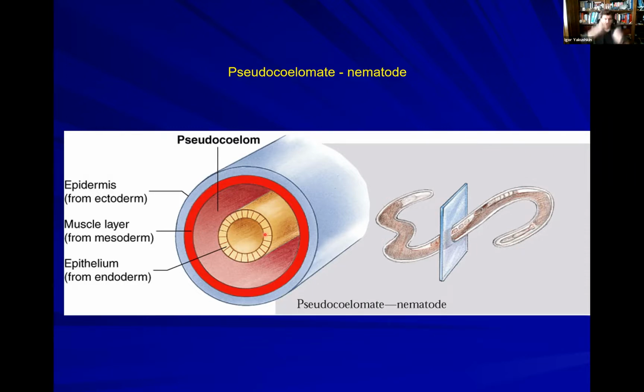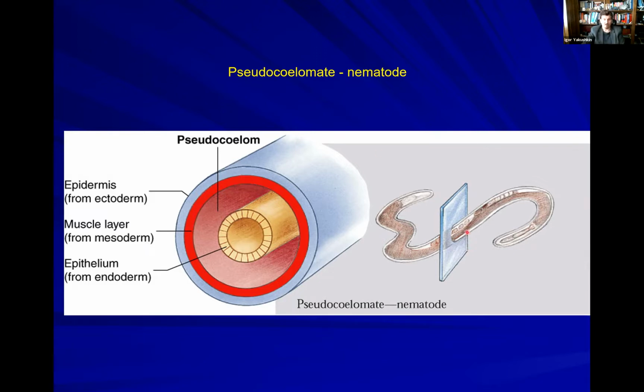And there will be some sort of organs, reproductive organs, for example, right here inside of that. Okay, considered to be a pseudo cavity. They have a cavity, but it's a false cavity. Why is it false? Because it's bordered by mesoderm on one side and bordered by endoderm on another side. That's important. It will be on the test.